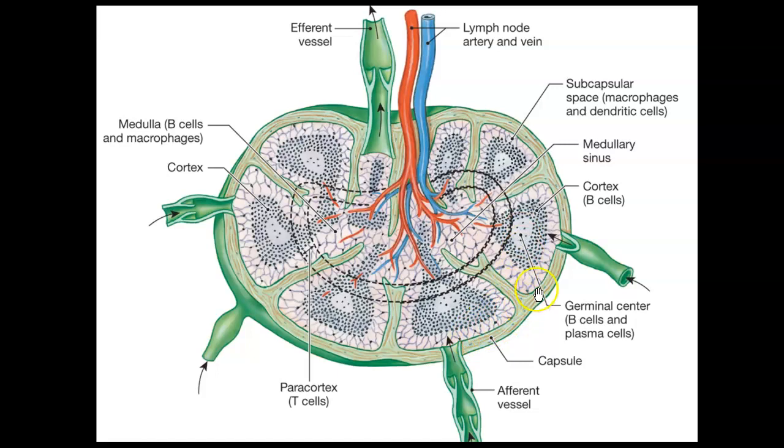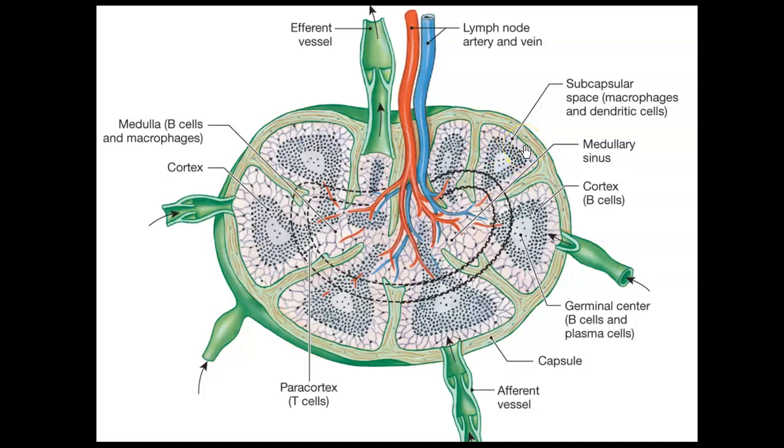The outside of the lymph node is just called the capsule. You find T cells in the paracortex, which is in between the cortex and the medulla. And then the subcapsular space contains macrophages and dendritic cells.